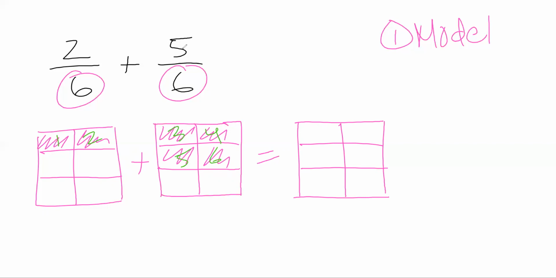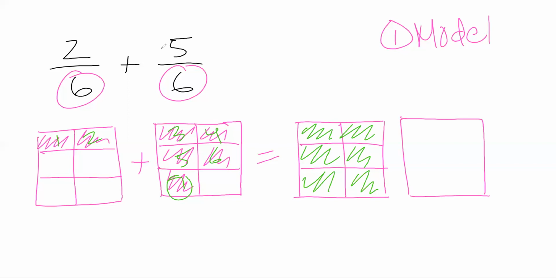Oh wait, I didn't shade in 5 over here, I only shaded in 4. Okay, 7 of them. We have 7 of them, so let's shade that in. We have 1, 2, 3, 4, 5, 6, but I need 7, so we have to give ourselves another model with the same size pieces, and shade in here.